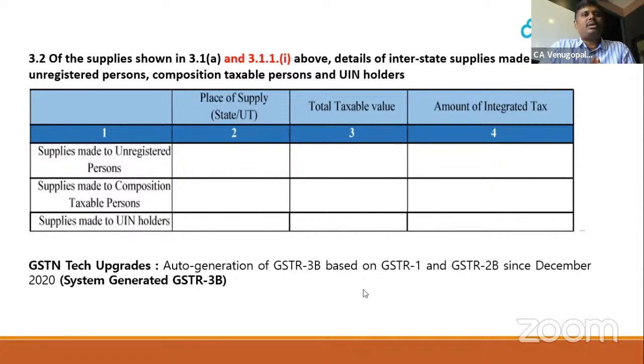This 3.2 is only a reporting table. It has no bearing on the tax. It only covers supplies made to unregistered persons, composition, and UIN holders. It's only interstate supplies, so it's only IGST. The reporting will be done state-wise, for the settlement of the taxes. So those who have not been filling in the values in 3.2, start filling them in to avoid penalty. Please continue.